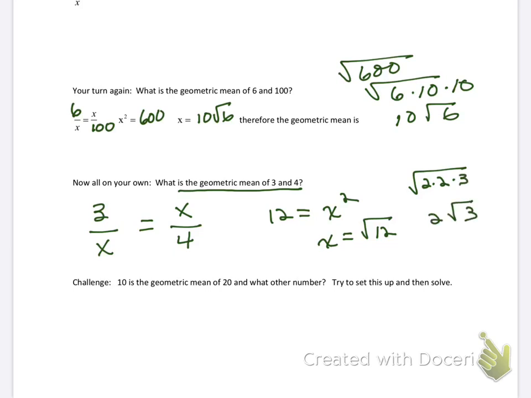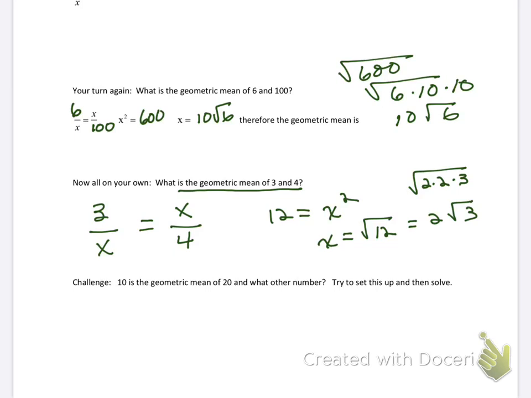Therefore, that simplifies to 2 root 3, and that is my geometric mean. Okay, this next one's a challenge one. So let's read this together, and then I'm going to let you do it, and then you can come back and check the video. Okay, it says 10 is the geometric mean of 20 and what other number?